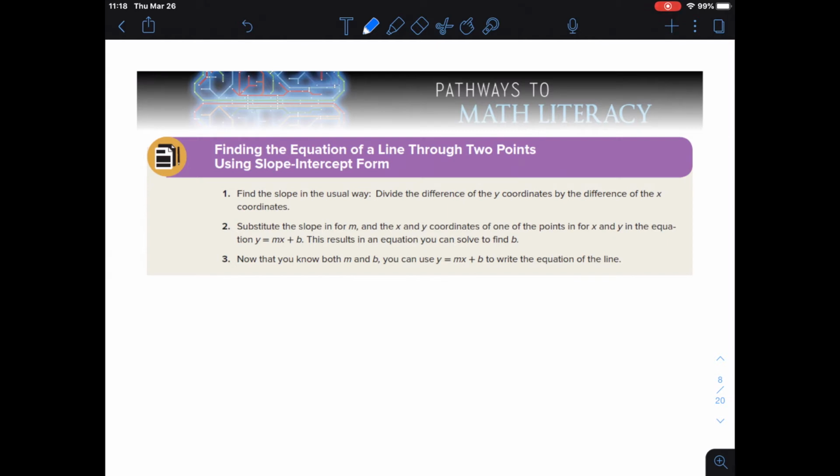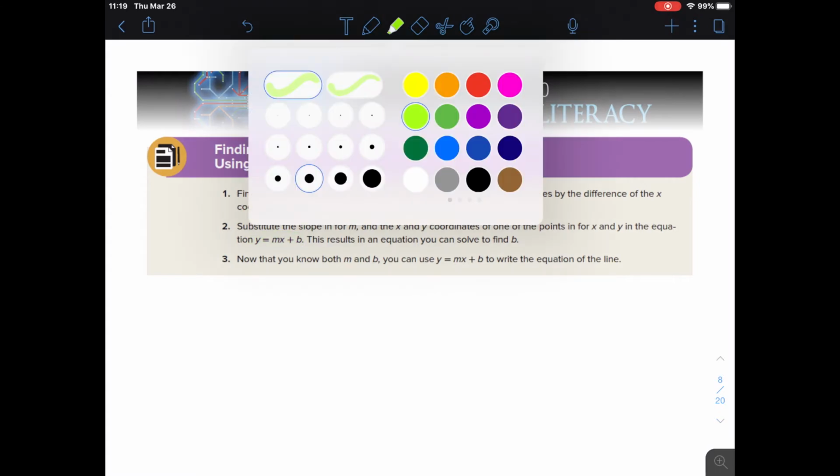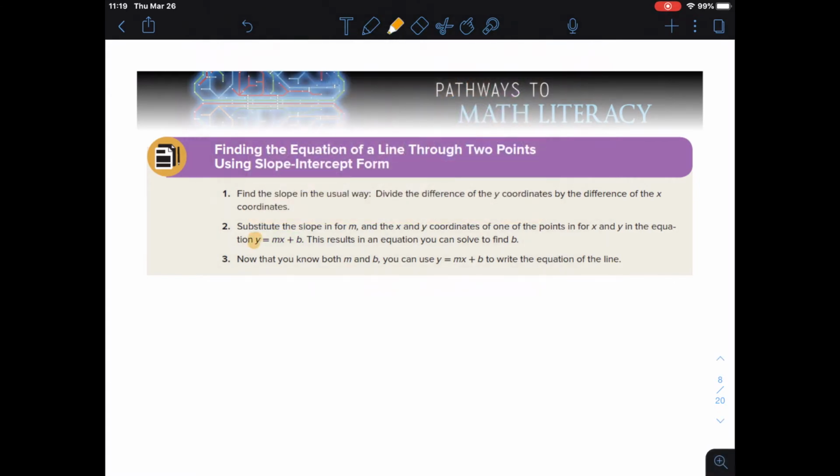You still find your slope because you only need 2 points to find the slope. We're going to plug that into m, into our equation y equals mx plus b. And then I'm going to use the fact that we know one of the points to substitute y and x and solve for b. And then we can get the equation of our line that way.